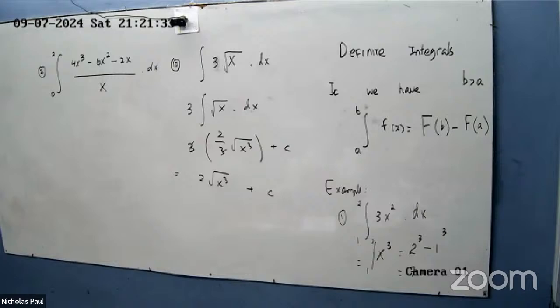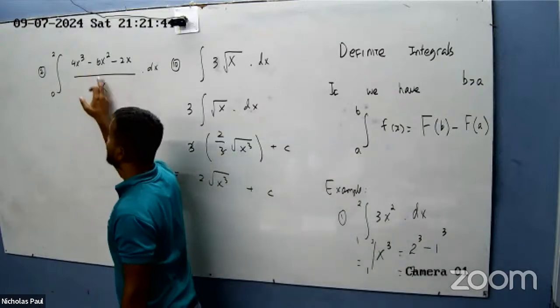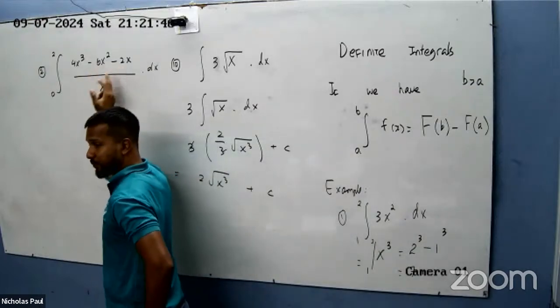With the time and simplify it and then plug in your values, right? Plug in 2 and 0. Okay, so remember x into this, and x into this.